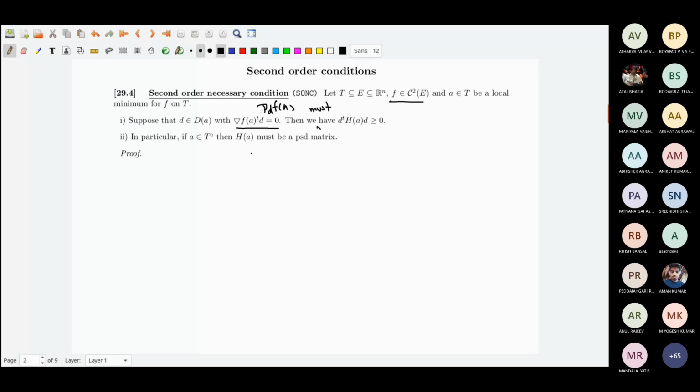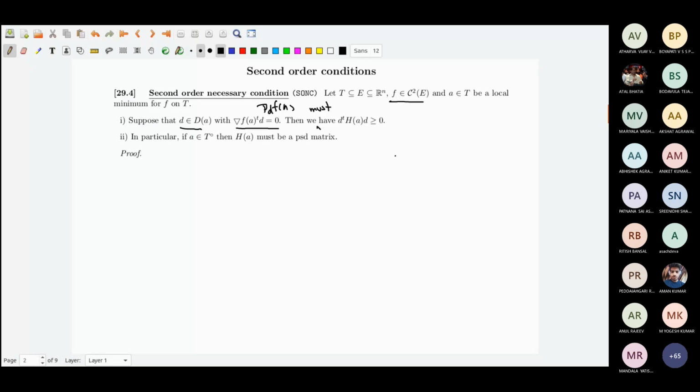Anyway, we are assuming that A is a local minimum. So in that case, D belongs to DA. Here I am not taking D closure, but D in DA.